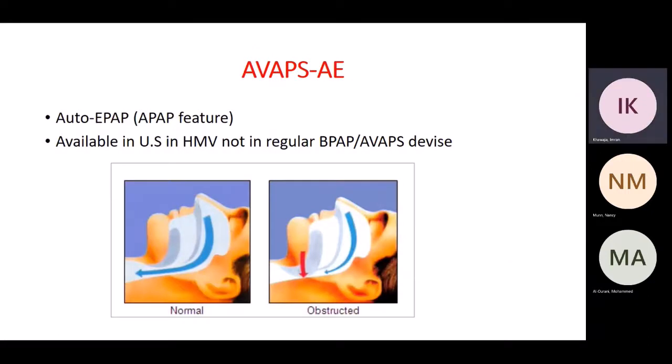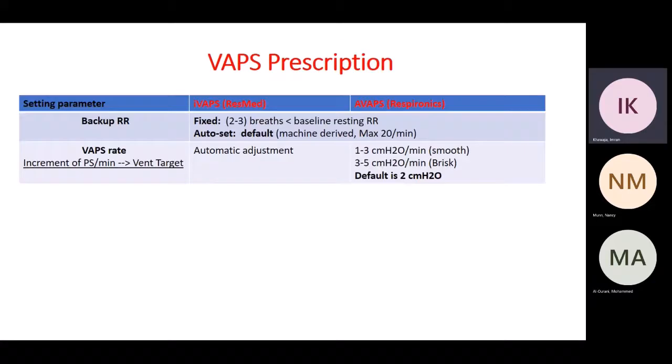So this is, I'm just jumping ahead of myself, just what I told you about here. So then the backup rate that you need to write in your prescription. There are 2 ways in ResMed and the Respironics Trilogy. Either you set up the respiratory rate yourself, or let the machine auto set it.